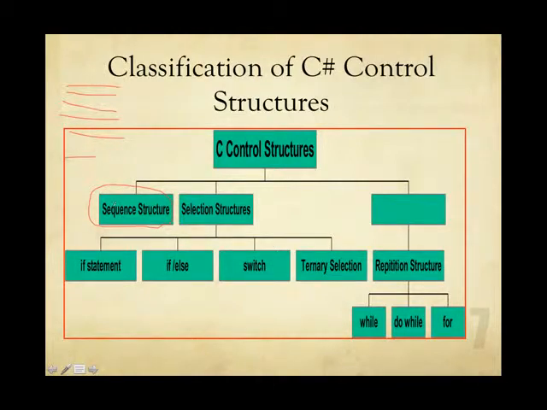That's a sequential structure. Then we have selection structures that select certain alternatives, and in that we have the if statement only, if and else. This includes nested if and else also. Switch, the ternary selection statement, and then repetition structures. Those could be while, do while, or for.